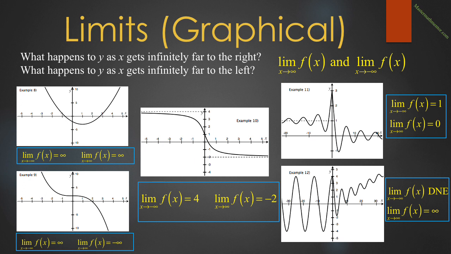Therefore, the limit does not exist. However, the limit of f of x as x approaches infinity is equal to infinity. This is because the graph is oscillating, but also moving up. So it will eventually get higher than any value of y. Therefore, its limit is infinity.